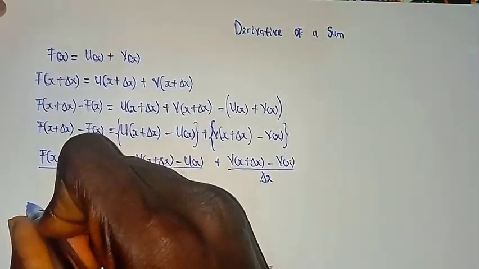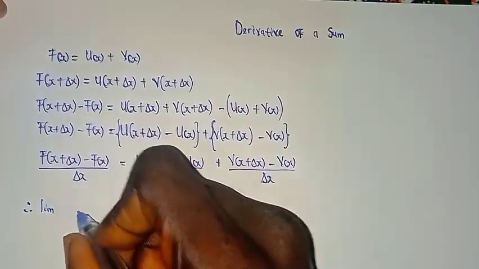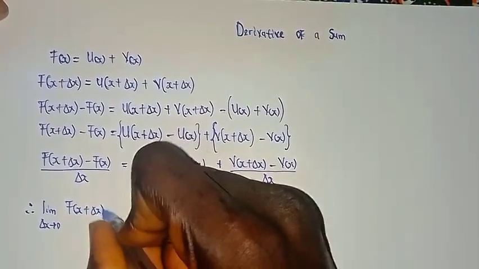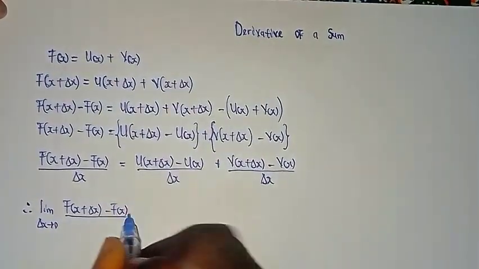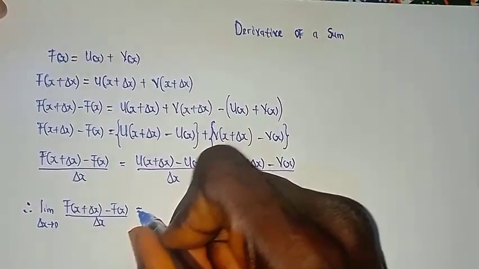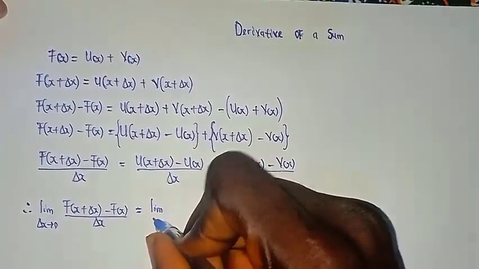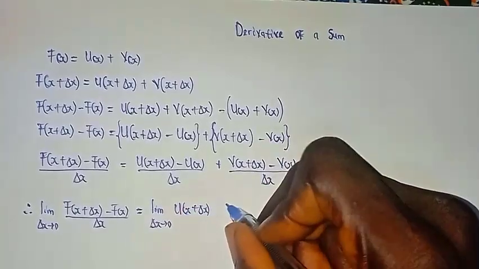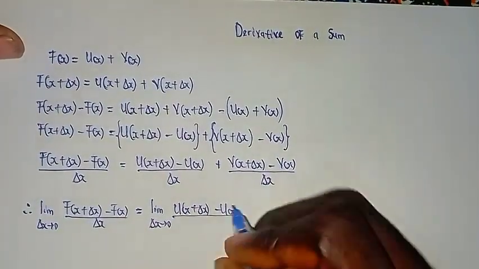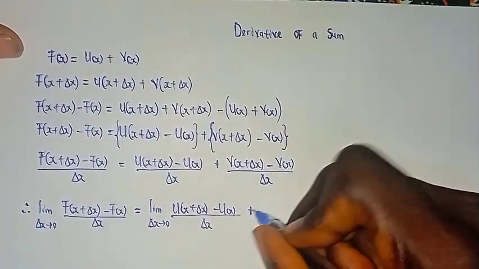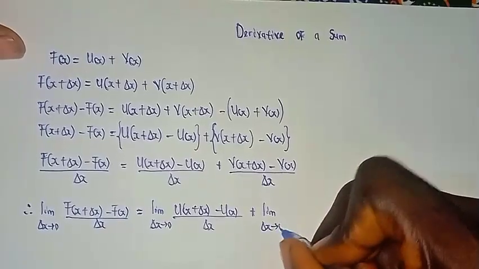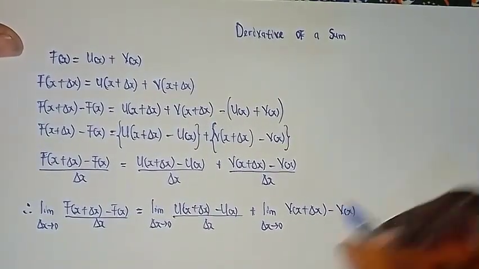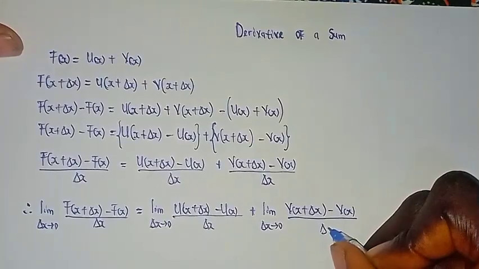So our left hand side becomes the limit as delta x approaches 0 of f of x plus delta x minus f of x all over delta x, and then our right hand side becomes the limit as delta x approaches 0 of u of x plus delta x minus u of x all over delta x, plus the limit as delta x approaches 0 of v of x plus delta x minus v of x all over delta x.